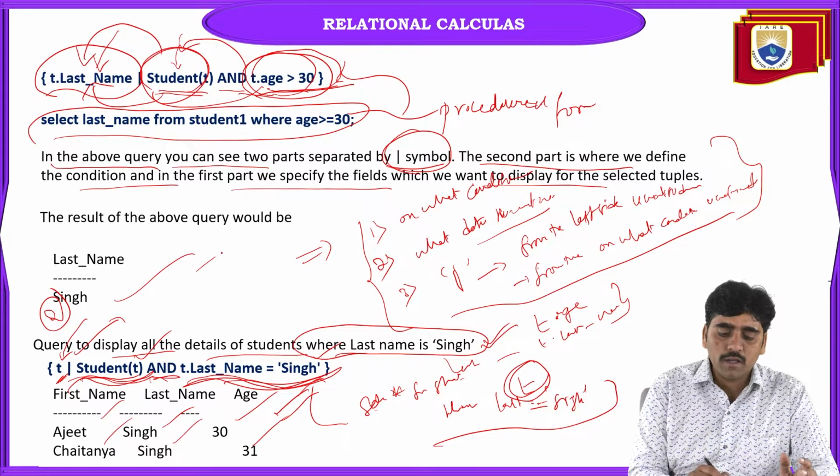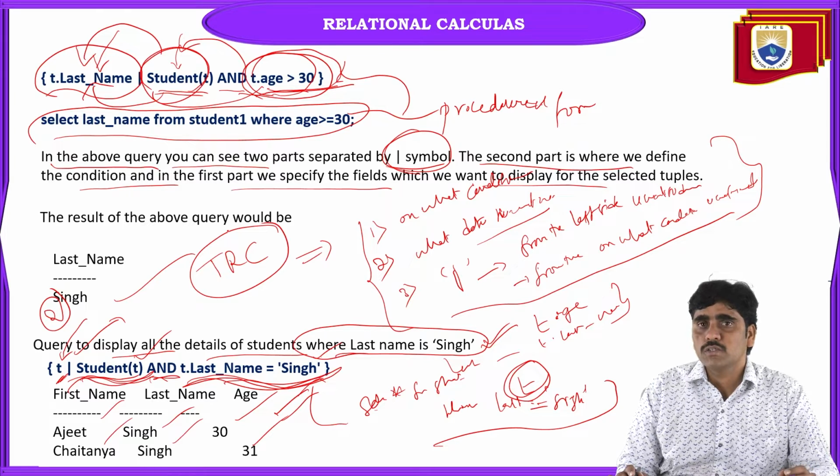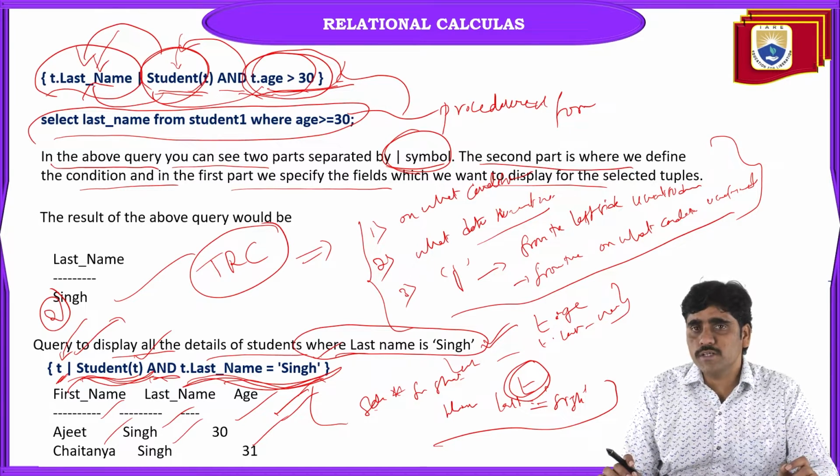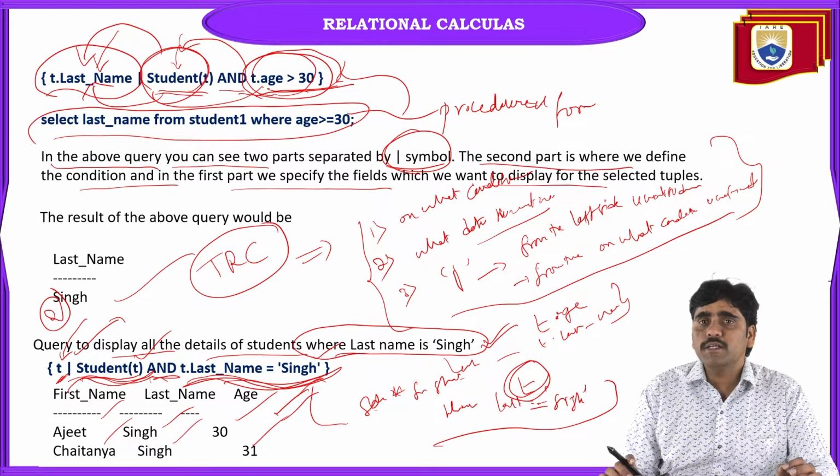This is the way you can understand tuple relational calculus queries. So we have to understand the query first, then what to display and on what condition, and you can apply that in relational queries as well as non-procedural queries.